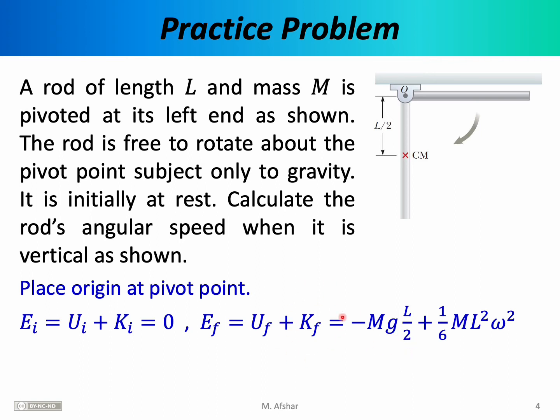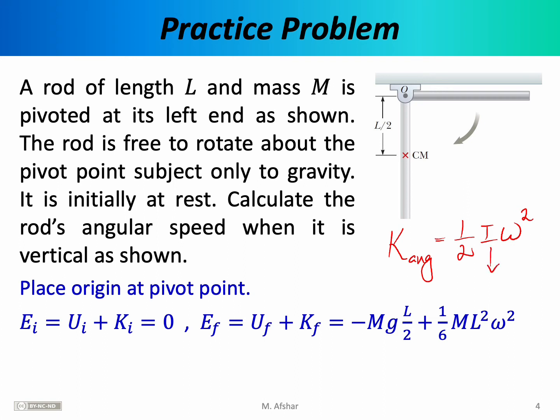What about the final kinetic energy? Well, this object is obviously rotating, so it's going to have rotational kinetic energy or angular kinetic energy. Recall that angular kinetic energy can be calculated using this formula: K angular is equal to 1/2 I omega squared. At this point, you need to look up the moment of inertia of a rod that is rotating around one end.